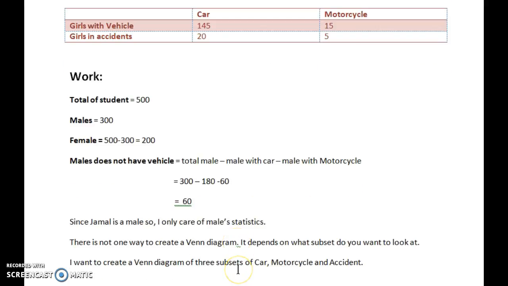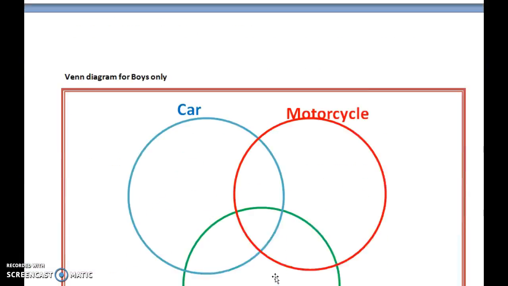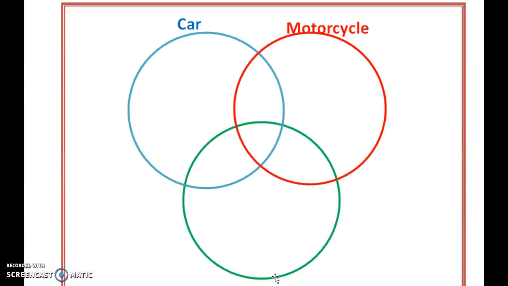Okay, there's not one way to create a Venn diagram. It depends on what subset, meaning what small group of information, you want to look at, or you think is important. In this case, I want to create a Venn diagram that has a subset of car, motorcycle, and accident. And I set up my Venn diagram.